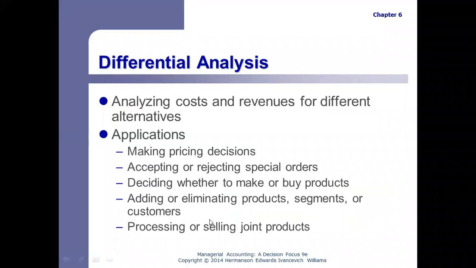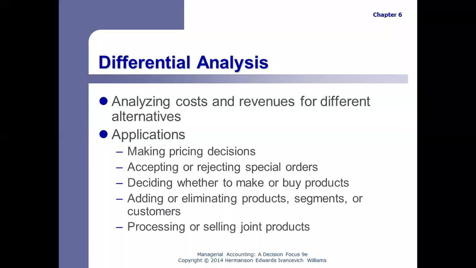Okay, so we'll now take a look at making managerial decisions based on accounting information. The approach that we take for this is differential analysis. Differential analysis basically means looking at the differences between two alternatives to determine which of the alternatives is the best one.